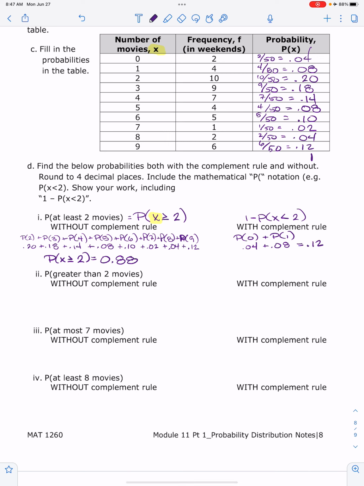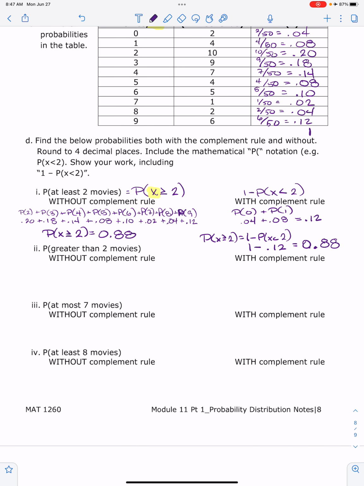That's 0.12. So the probability that X is greater than or equal to 2 is 1 minus the probability that X is strictly less than 2, which is 1 minus 0.12, which is the 0.88 that we got a minute ago.